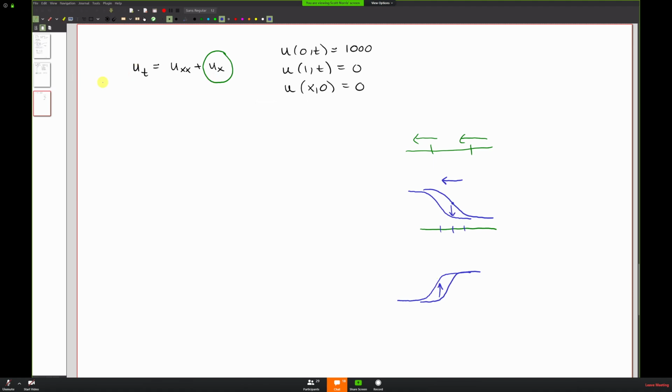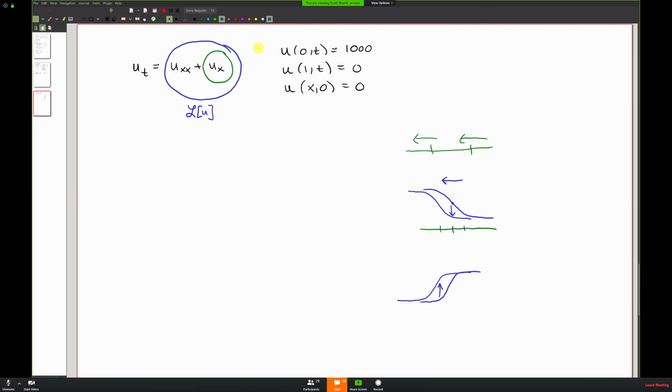So there's that physical explanation for where this term comes from, but it's also very convenient from a pedagogical perspective that now all of a sudden we have this spatial operator, and this spatial operator is not self-adjoint with the choice of weight function W equals 1.